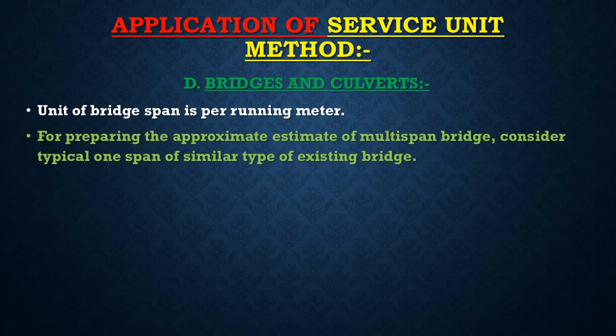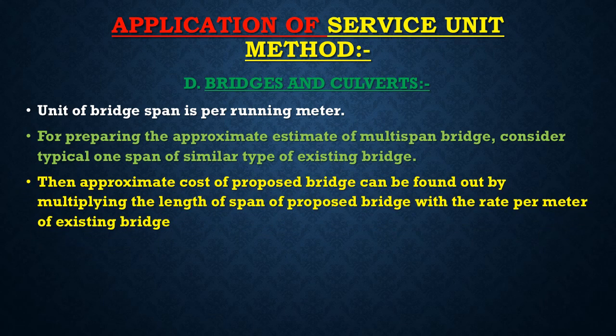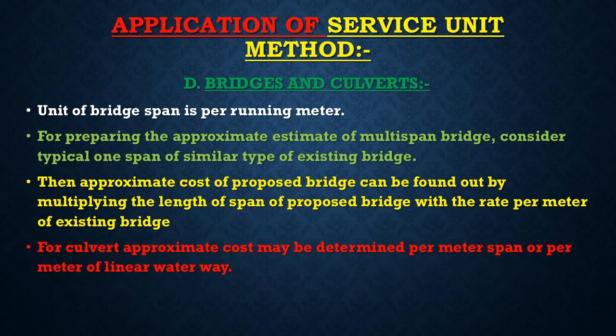Approximate estimate of a bridge depends on roadways, nature of bridge, depth and type of foundation, etc. For preparing the approximate estimate of a multi-span bridge, consider a typical one span of a similar type of existing bridge. Approximate cost of the proposed bridge can be found out by multiplying the length of span of the proposed bridge with the rate per meter of the existing bridge. For culvert, approximate cost may be determined per meter span or per meter of linear waterway.